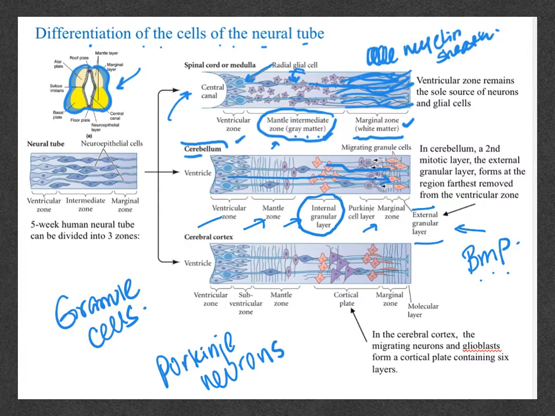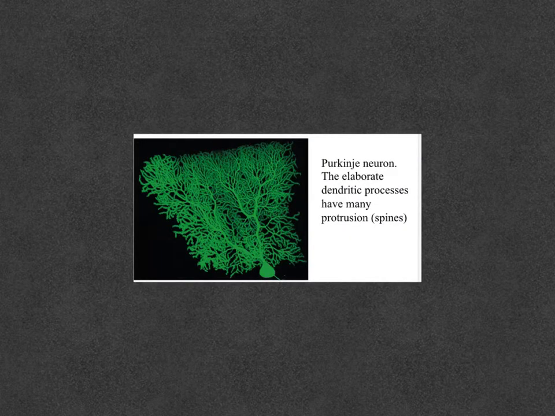And the major cell type that we find in the cerebellum is the Purkinje neuron. These Purkinje neurons dominate the cerebellum region.